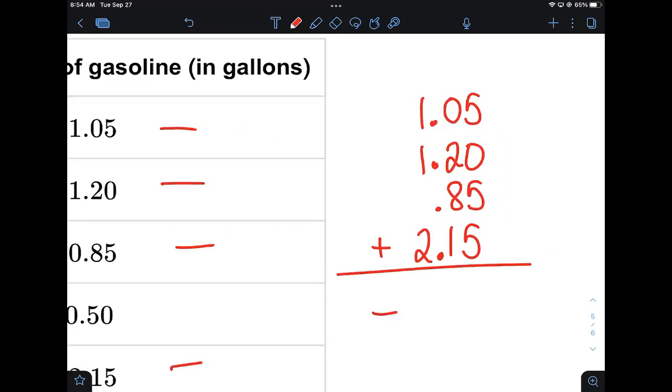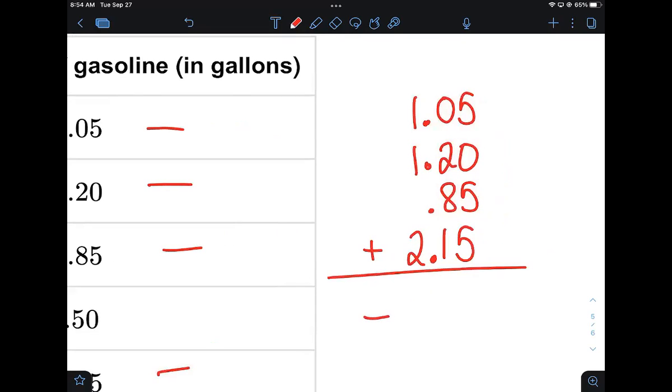What is 5 plus 5 plus 5? Okay, 15, carry the 1. What is 1 plus 2 plus 8 plus 1? 12. Carry the 1. What is 1 plus 1 plus 1 plus 2? 5. Drop down your decimal point. We used a total of 5.25 gallons. That number is negative, representing the gas Raven said that we burned or we used.